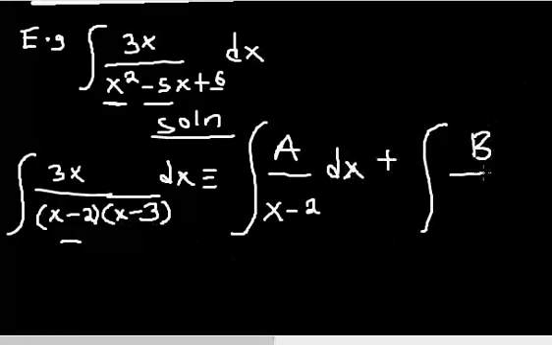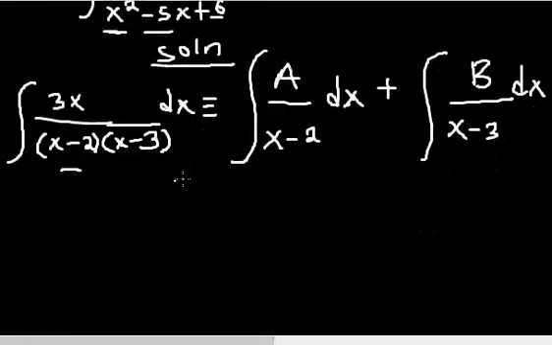I don't know what it is, I need to find it. It takes x minus 3 as a denominator. It's only when I find a and b that I will be able to evaluate this integral. So now let's see how we do that.